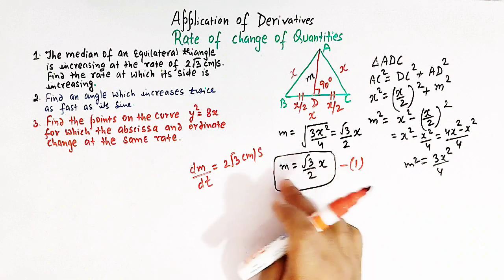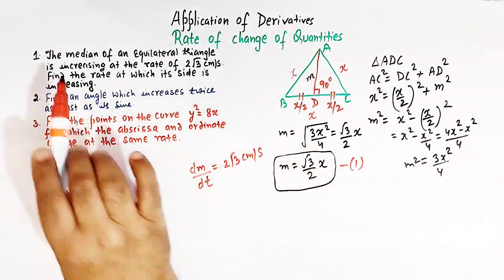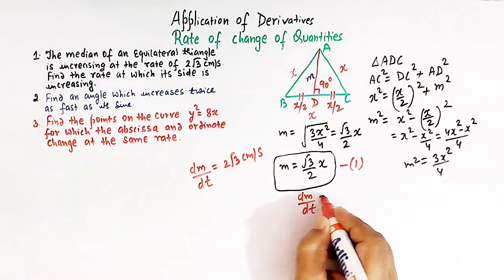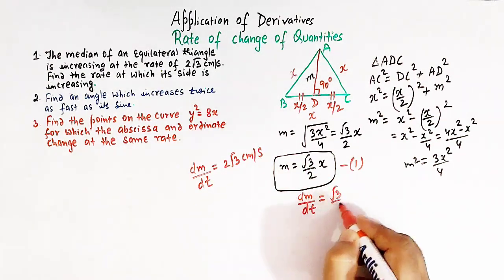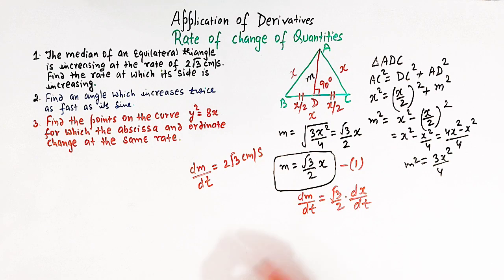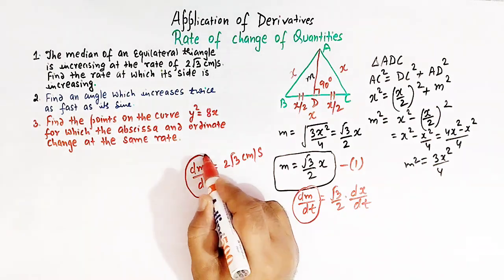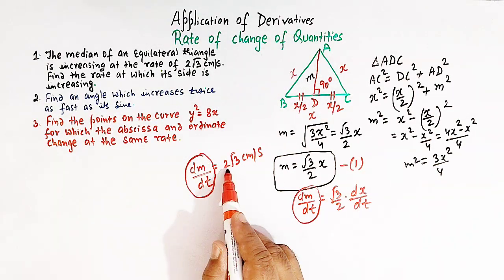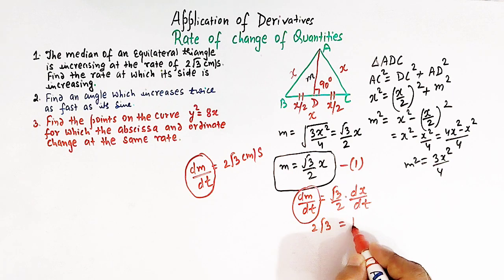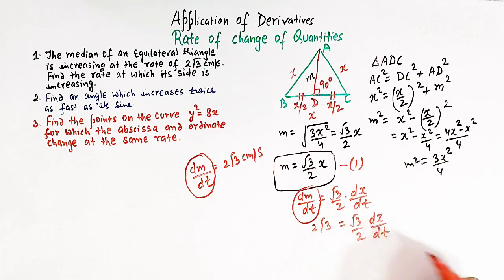So differentiating both sides with respect to t, because we have to find the rate of change, we have dm over dt, and here we have root 3 over 2, and this is dx over dt, right? Now dm over dt, that is rate of change of the length of the median with respect to time, is 2 root 3. So here we can write 2 root 3, and here we have root 3 over 2 and dx over dt, right?